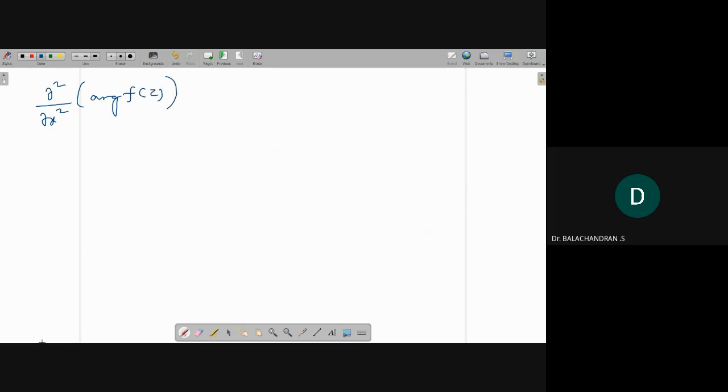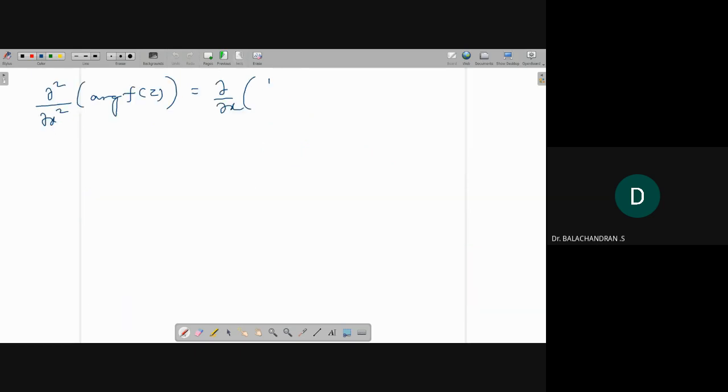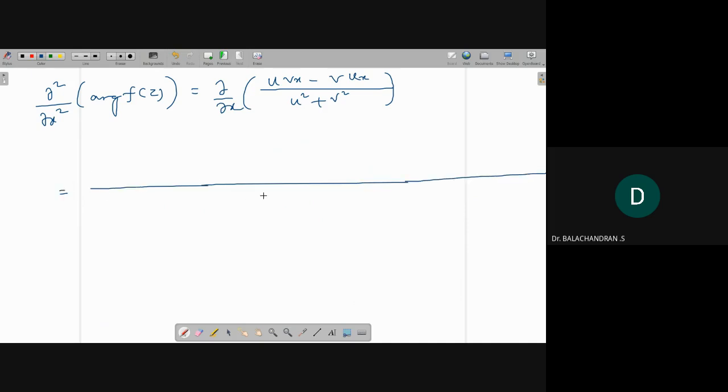So that is equal to dou by dou x of argument of f of z, which is u vx minus v ux divided by u square plus v square. I need to differentiate this with respect to x. So I put equal to here, and u square plus v square whole square.